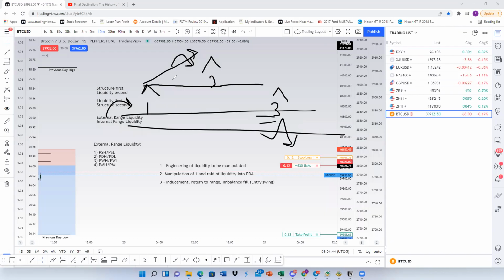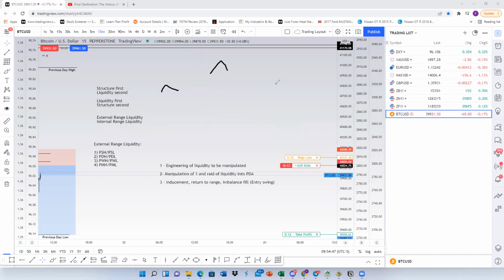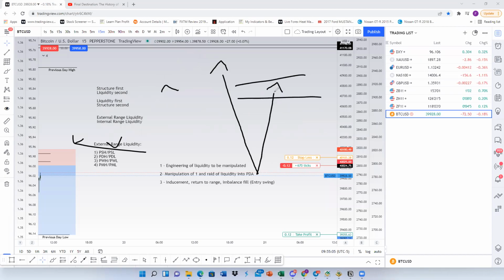Then if price took out a high resistance liquidity pool as it was dropping down, I'm going to be looking at range valuation to check points of interest for me to enter from. Where is that? 75% over here. That's my entry point.